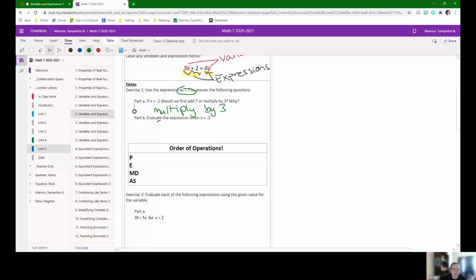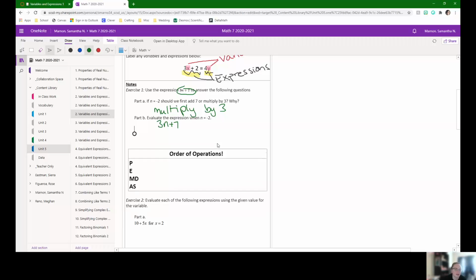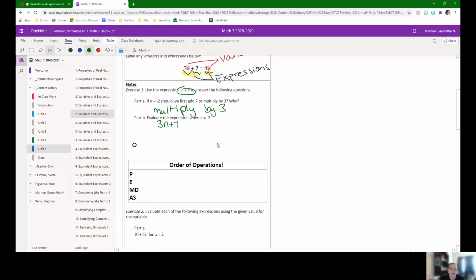So we're going to use the expression 3n plus 7. Where I have an n, I'm going to replace it with -2. Something that's going to help us, especially later when we get into algebra or if we're squaring numbers, is to put parentheses around that number. Also, I'm a lazy mathematician. I'm not going to write out multiplication between the 3 and my -2.